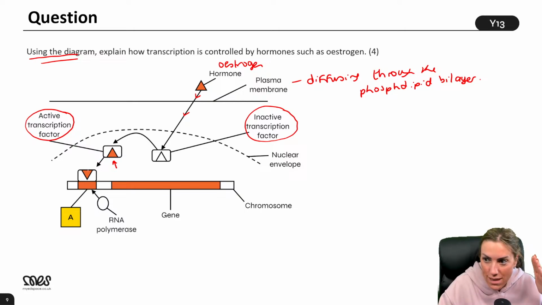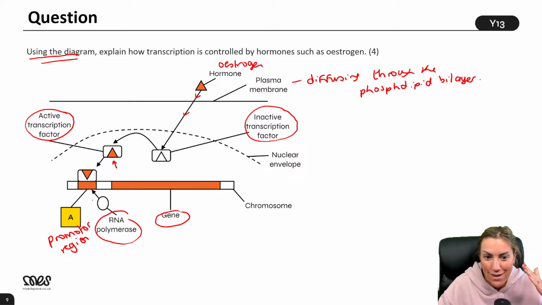Then look what's happening. The transcription factor is binding to the start of a gene. So A on here is our promoter region. And then look what's happening. When it binds to the promoter region, RNA polymerase binds. So it's initiating transcription.